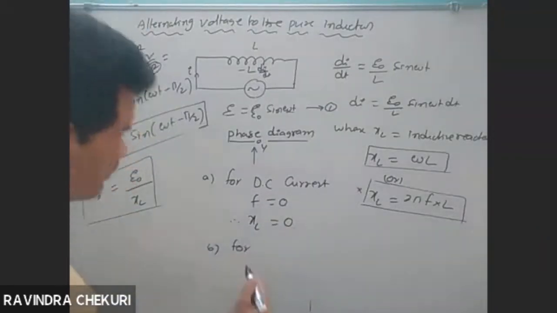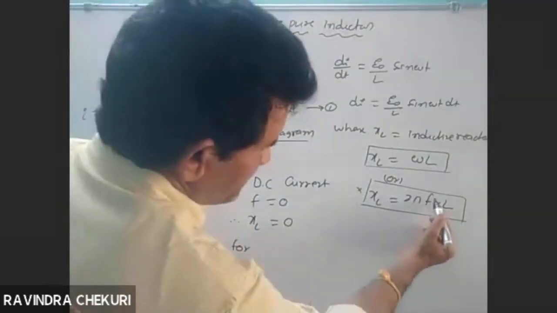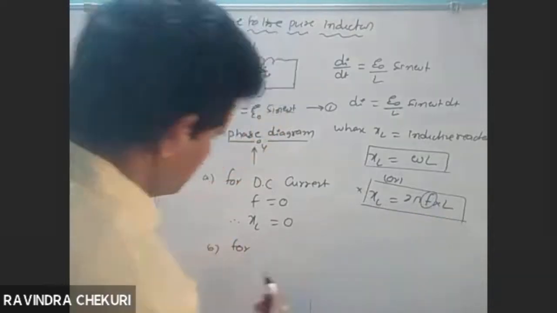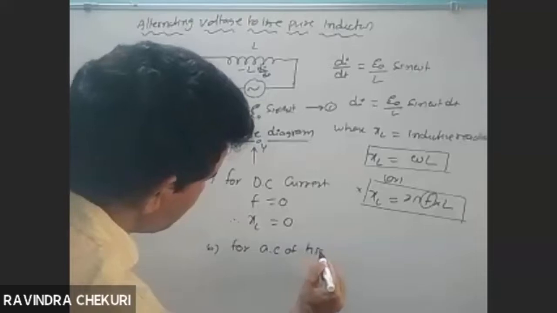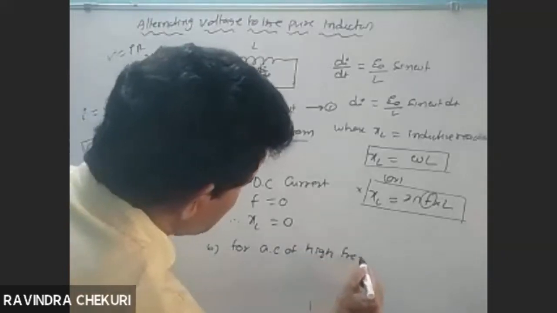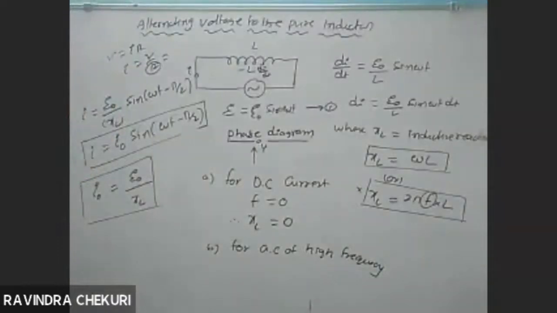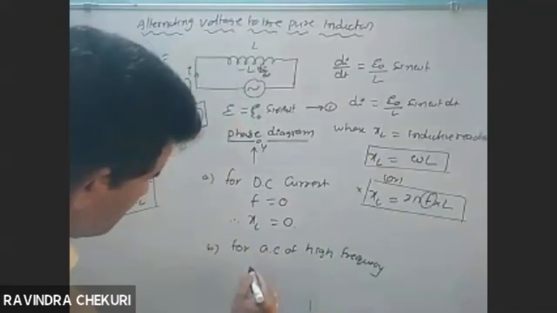For a particular frequency of AC source, XL is equal to 2 pi f into L. For an AC of high frequency, if it is infinite, what about XL?